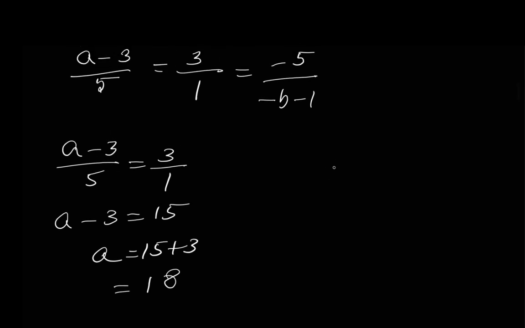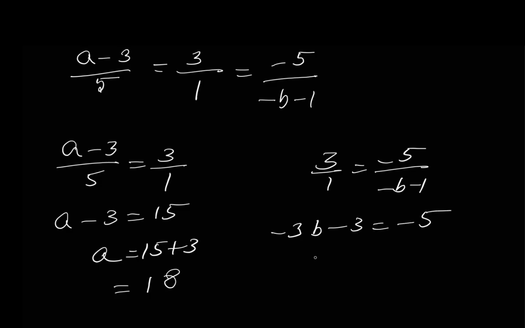Take the next one. 3 by 1 is equal to minus 5 by minus b minus 1. Cross multiply: 3 into b minus 3b minus 3 is equal to minus 5. Minus 3b is equal to minus 5 plus 3, taking the 3 to the other side.